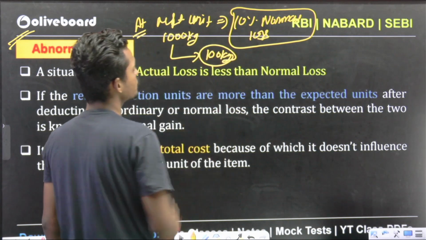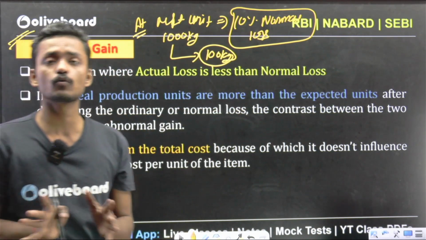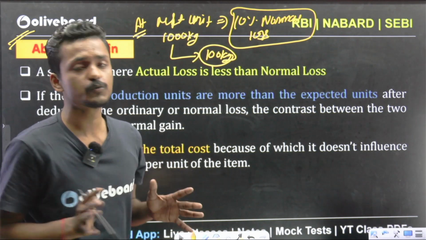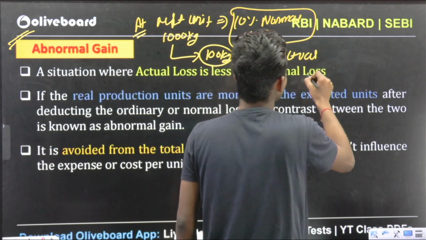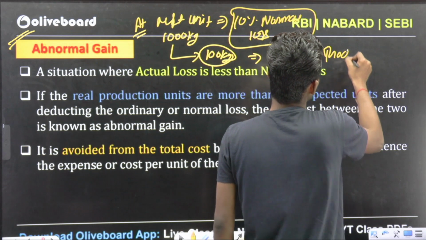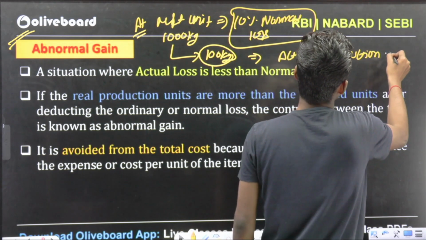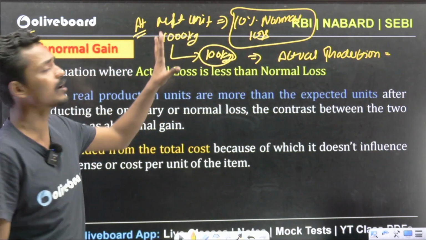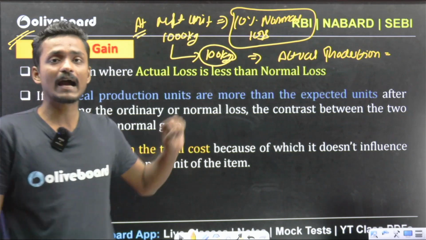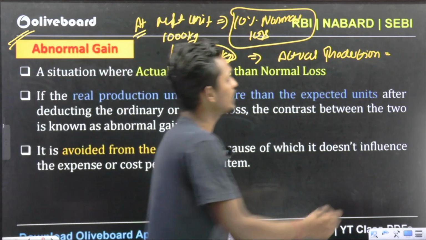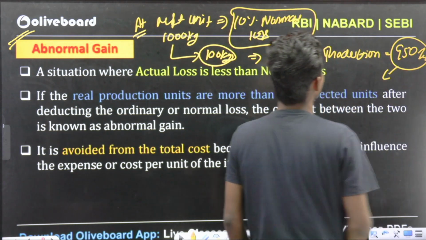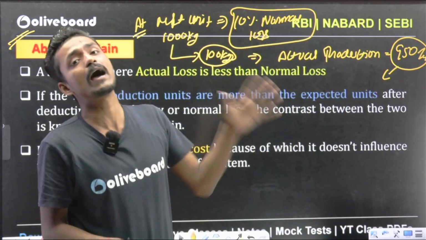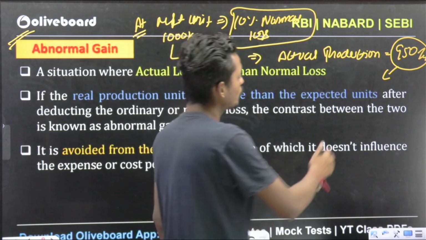But when I see the actual production, I am surprised because the actual production is 950 units. I know very well the actual production would be 900 kg only, but I am seeing here my actual production is 950 kg. Now the over and above units that you have produced are your abnormal gain.